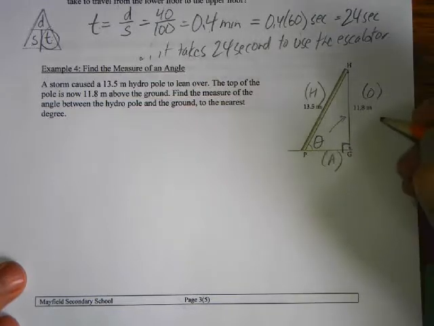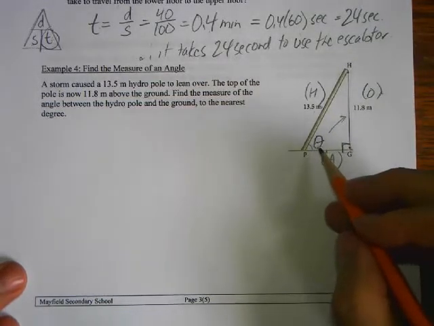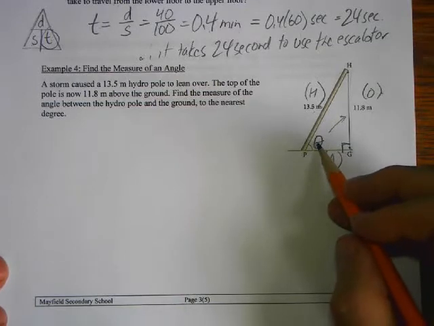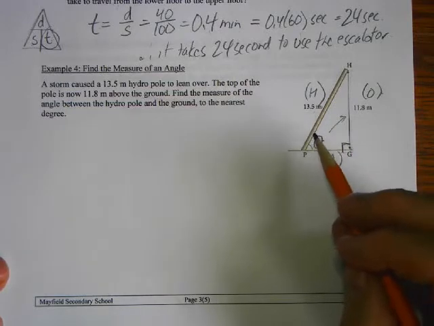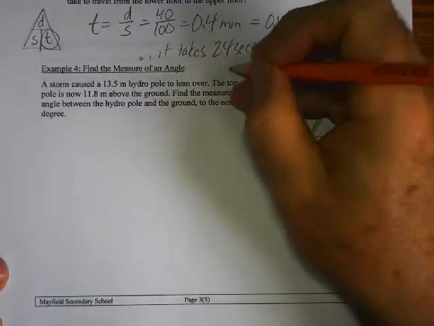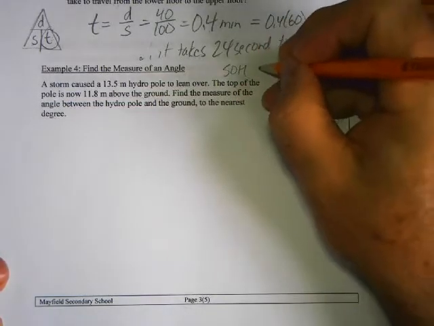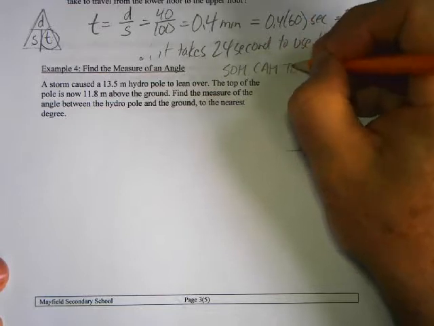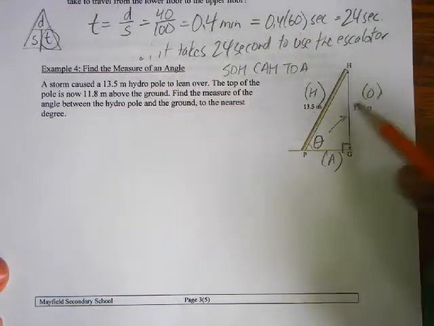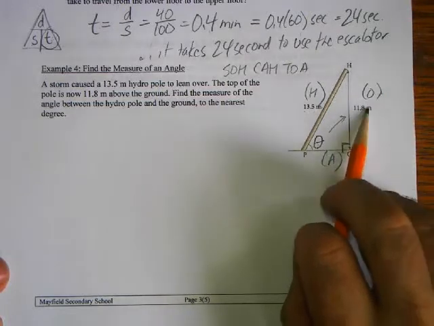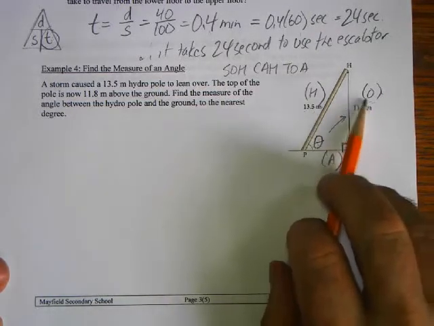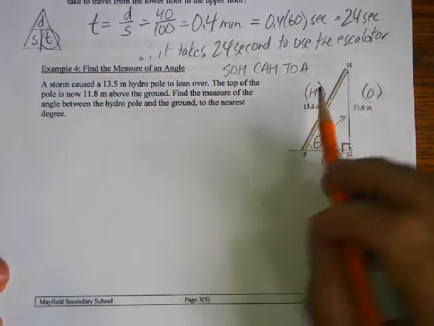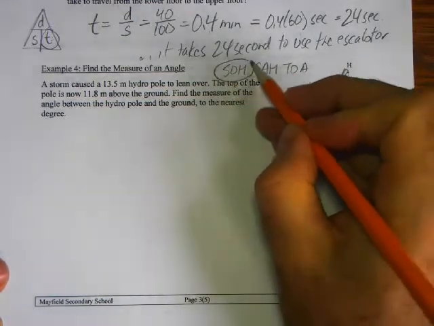Now, since we're trying to find an unknown angle, we have to know the two sides we're using. So write it out again, SOHCAHTOA. In this case, we know the hypotenuse side, we know the opposite side. So the only way we can get that angle is if we use the ratio with H and O, and that's our sine ratio.